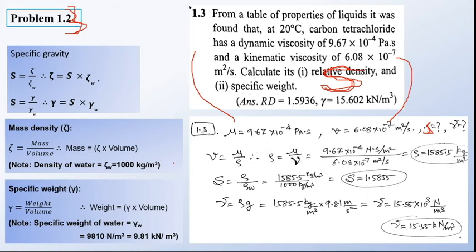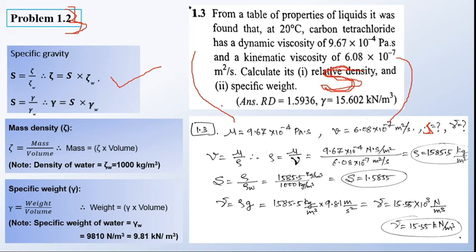But what is asked is specific gravity. I know that specific gravity is equal to rho divided by rho w. I have reference equations over here. So using them and knowing the water density as 1000 kg per meter cube, the specific gravity or relative density of carbon tetrachloride will be 1.5855.